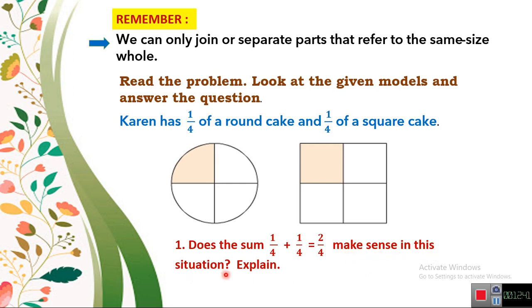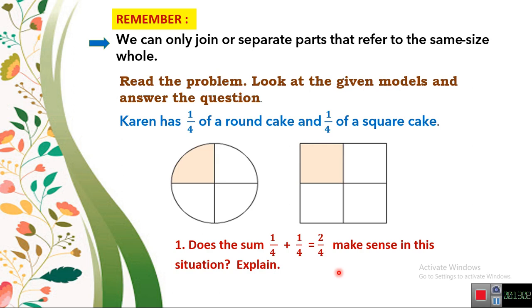Do you agree that when you add 1/4 of this round cake to 1/4 of this square cake, it's equal to 2/4 in all? Do you agree? No? Why not?